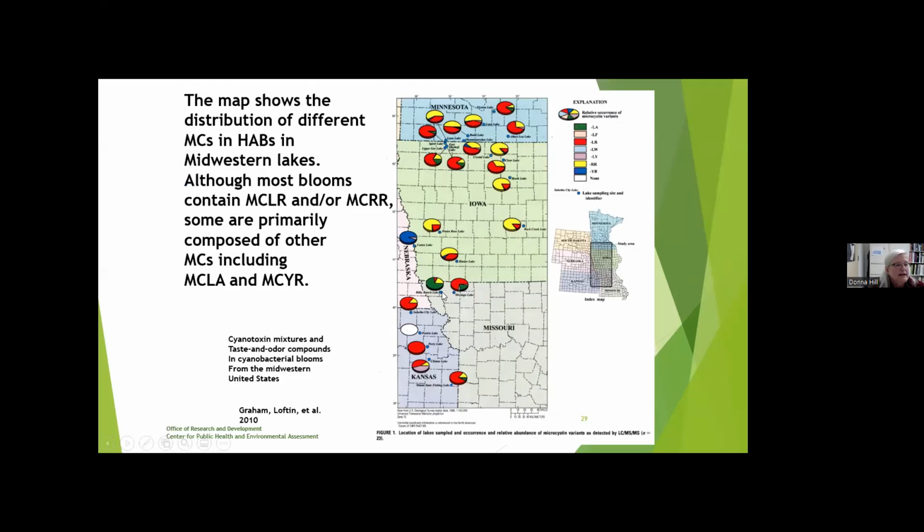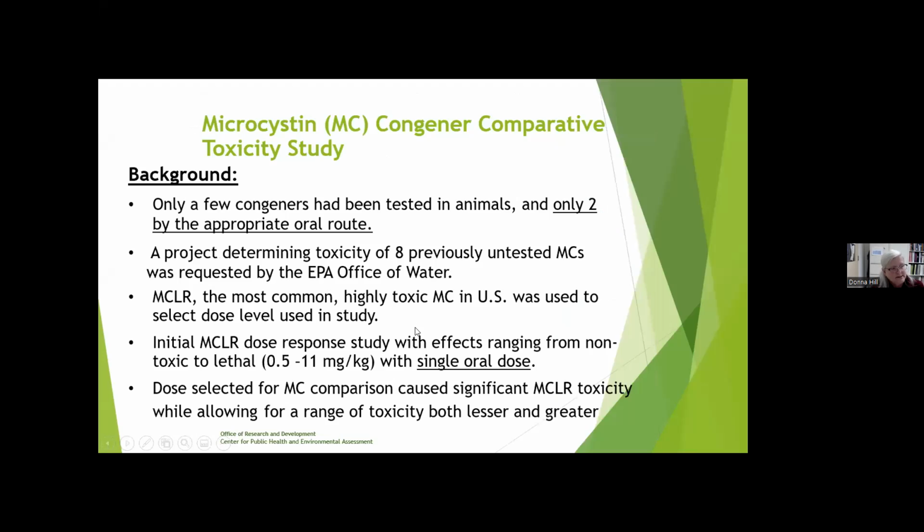We also see green, which is microcystin LA, and this blue is YR. There's also some LY and LW and LF that were found in this survey. And I think the biggest surprise is one lake that didn't have any. Anyway, we used this information to help guide our microcystin study.